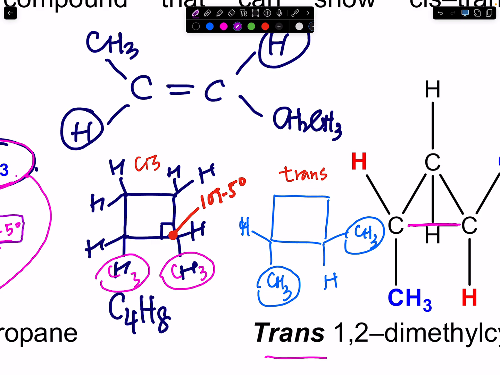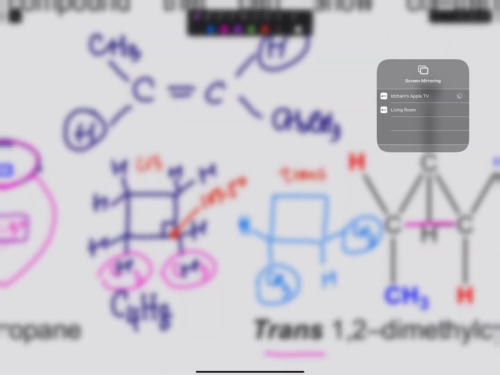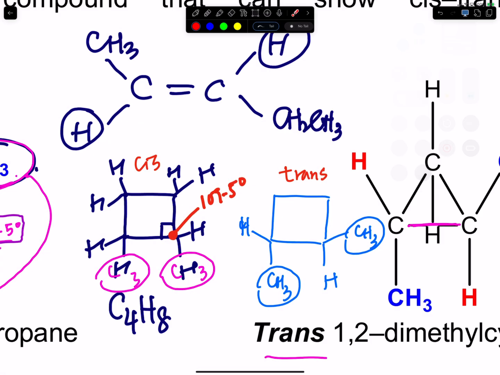So the deficiency of angle of 19.5 degrees is primarily due to angle strain, or would lead to angle strain. So cyclobutane would also experience cis-trans isomerism, or what we call restricted rotation, about the carbon-carbon single bond. Are you all clear now, guys?